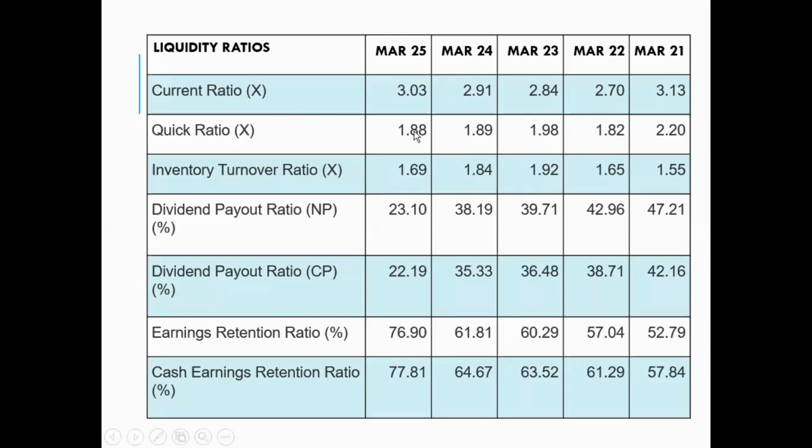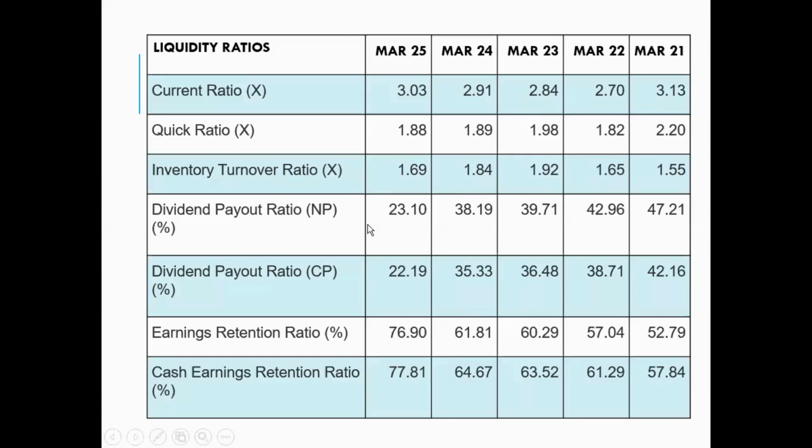Quick ratios are 1.88, 1.86, 1.93, 1.82, and 2.20. Inventory turnover ratio is 1.67, 1.84, 1.92, 1.65, and 1.55.